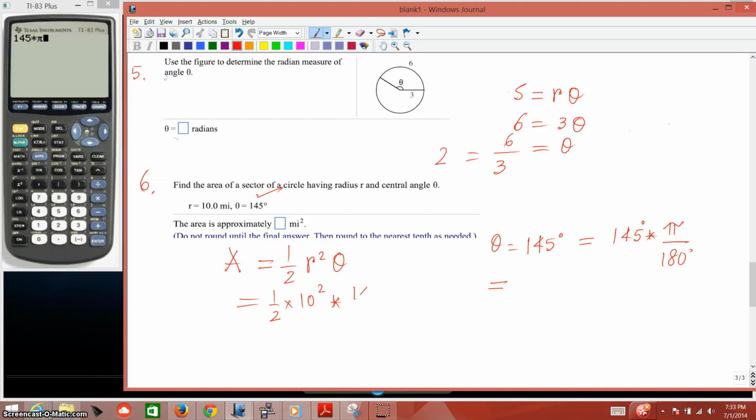That's 145 pi over 180. Plug it in the calculator and round off to the nearest tenths place. So that's 145 times pi, times 100.